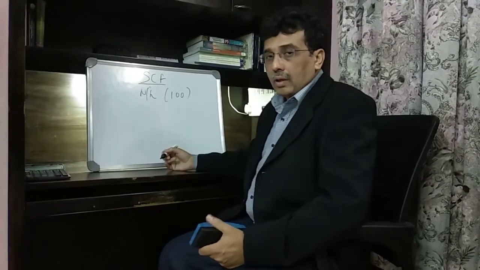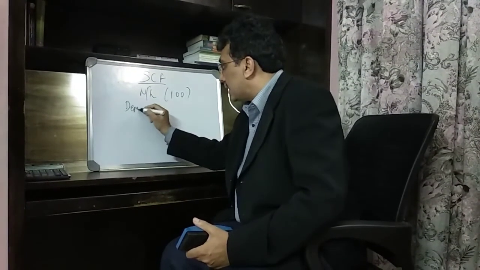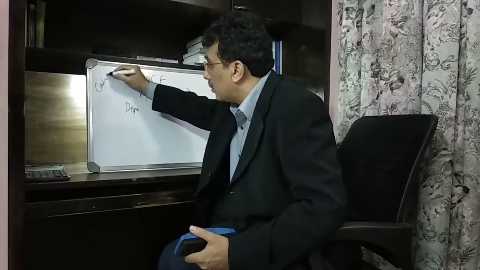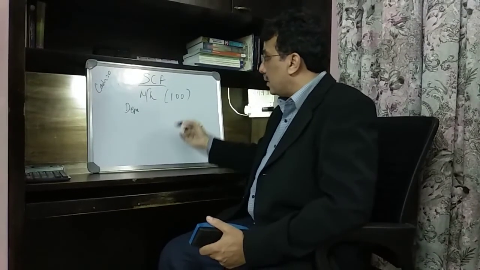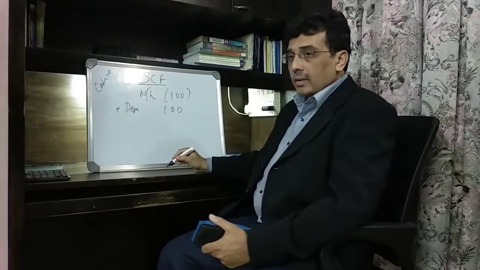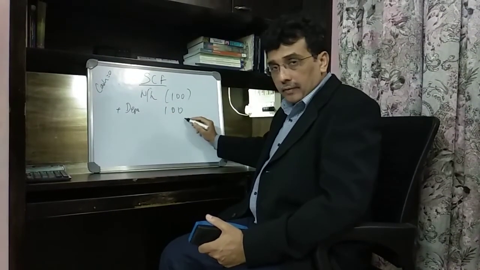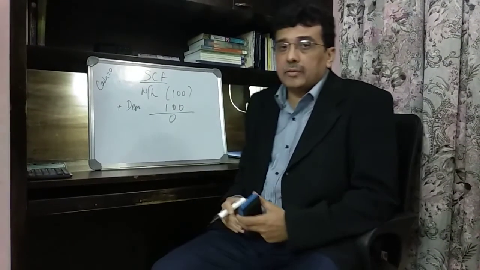But there was no outflow of cash. So if you want to arrive at your cash balance, which let us assume is 0, you need to add back your depreciation because it reduced your income without an outflow of cash. So you add back your depreciation and arrive at the cash flow, which is 0.